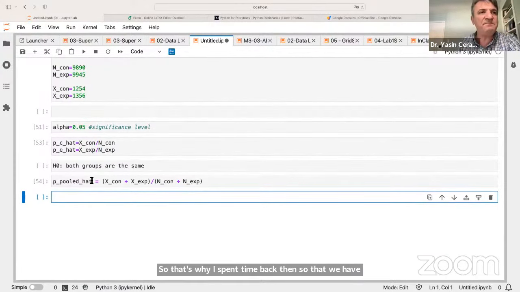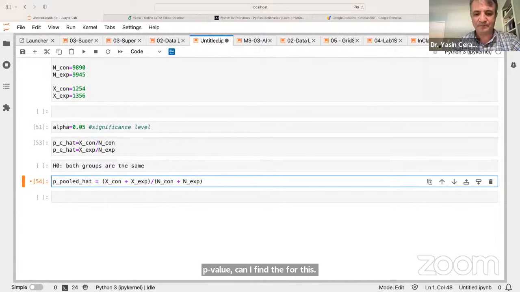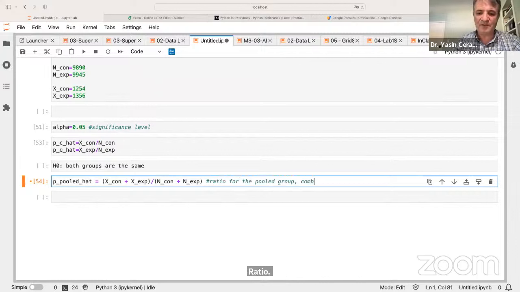So now, given this p-value, can I find the variance for this pool? This is the ratio for the pooled group, which is the combination of both groups.